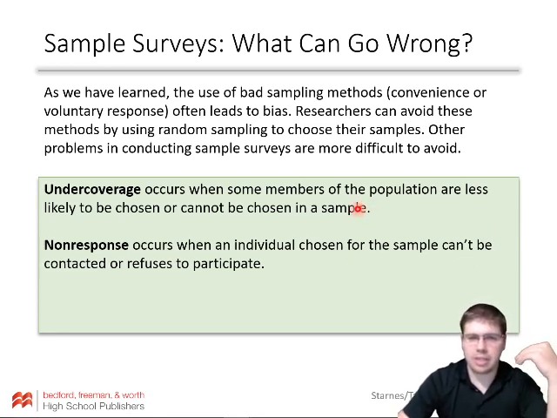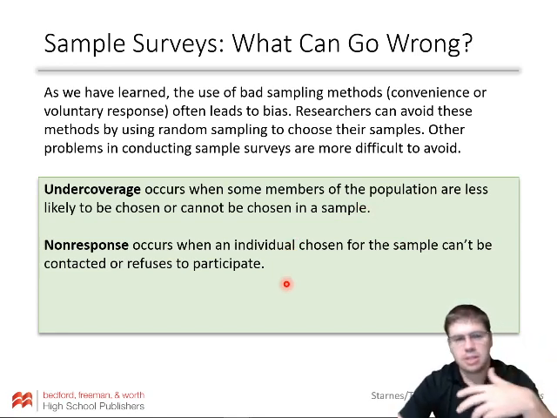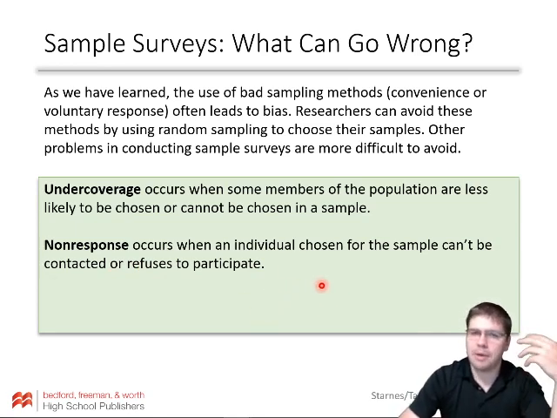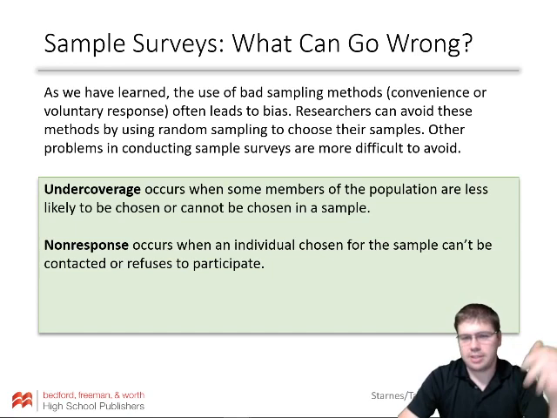That type of individual gets left out of our study, and that can cause bias because maybe there's something about those individuals that we're missing when we create our sample.